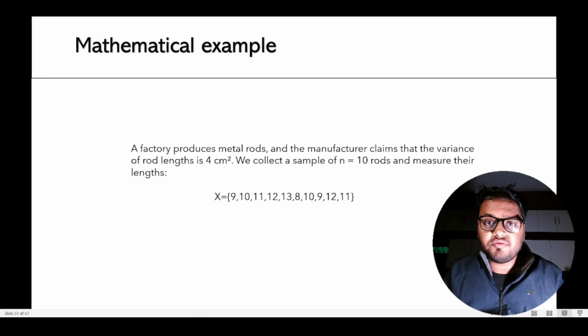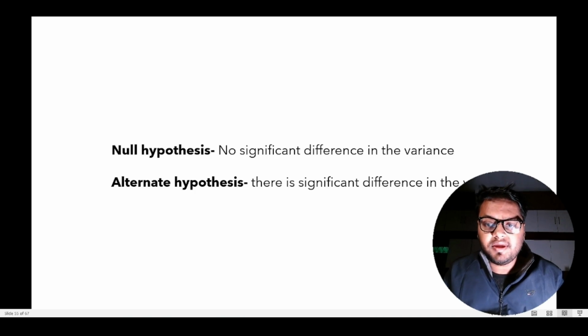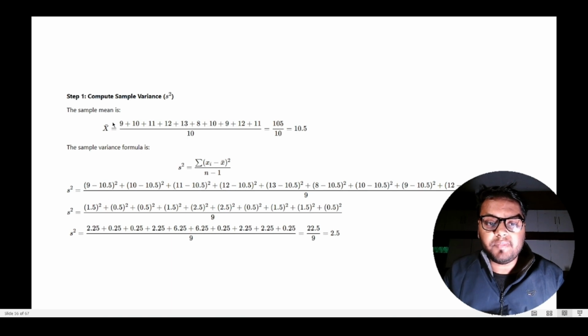The first step is to make our null and alternate hypotheses. My null hypothesis will be that there is no significant difference in the variance, and my alternate hypothesis will be that there is a significant difference in the variance. Once we decide our hypotheses, the next step is to calculate our sample mean, which is 10.5.